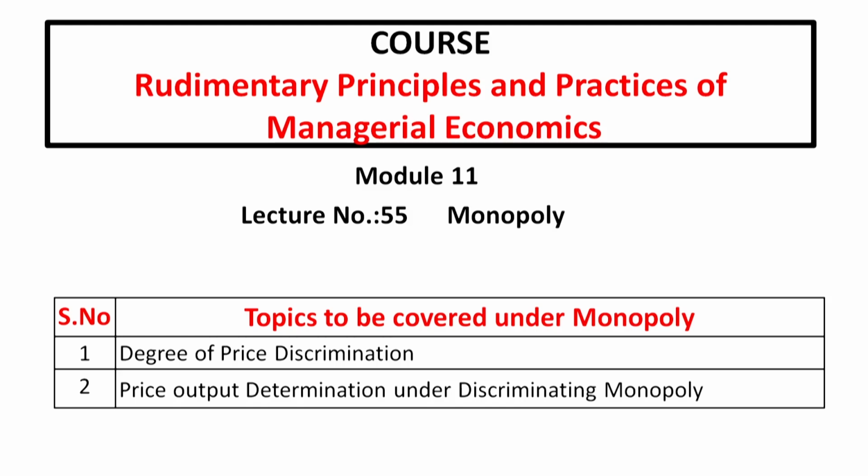In today's lecture, we are going to discuss further about discriminating monopoly. In the previous lecture, we have studied about the concept, features, and types of discriminating monopoly. In today's session, we are going to discuss the degree of price discrimination and price and output under discriminating monopoly.